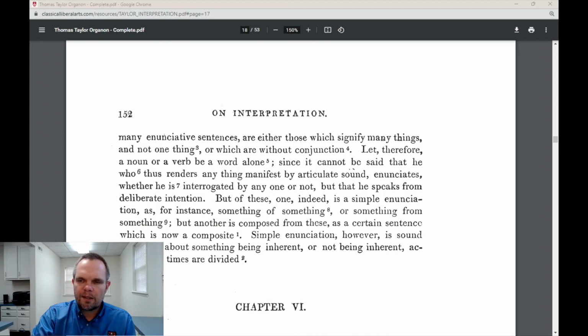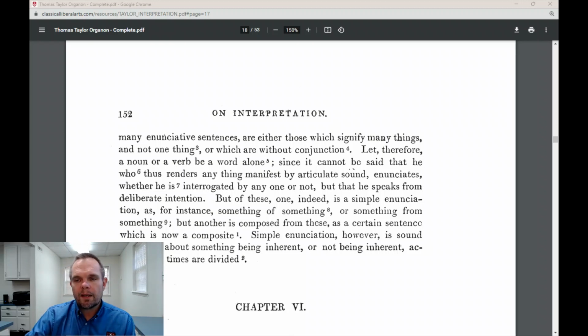When he says something of something, he's speaking about affirmations, affirmative enunciation. Something is said to be true of something by joining the subject and the predicate together. Something is said of something. Something is said about a subject. Something is said to be true of a subject.